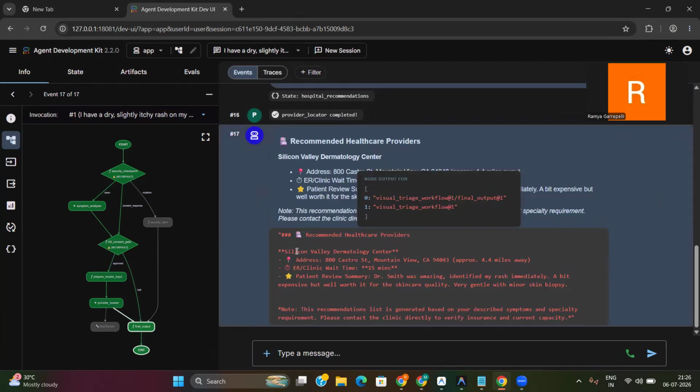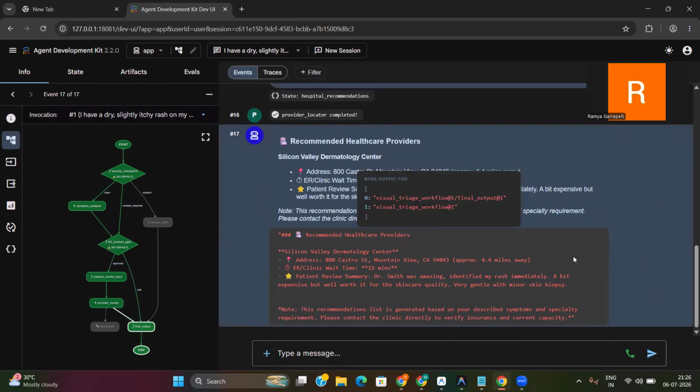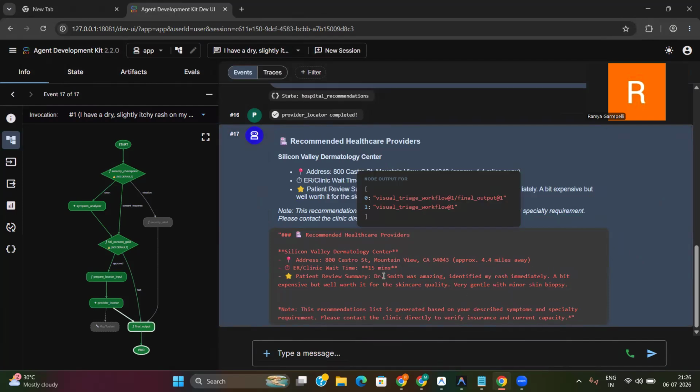It also recommended the specialty, dermatology, and the top provider near me is Silicon Valley Dermatology Center. So it has given its address and the doctor name and how he works.